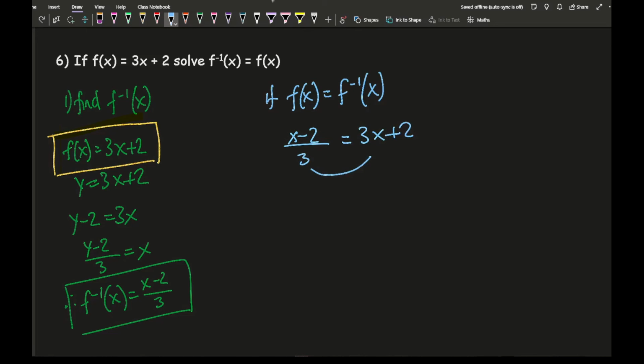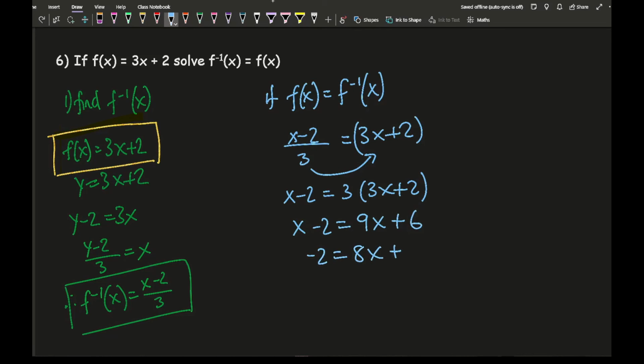So if I take the 3 over to the other side, remembering that I've got to multiply everything by 3, I get x minus 2 equals 3 lots of (3x plus 2). x minus 2 equals 9x plus 6. Then take the x over to the side, so I end up with minus 2 equals 8x plus 6. Then take the 6 over, minus 8 equals 8x, so x equals minus 1. And there is my final answer.